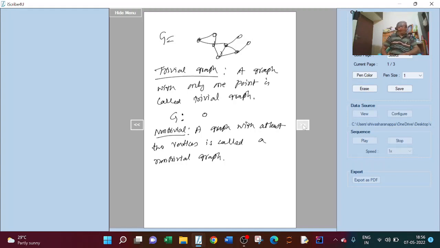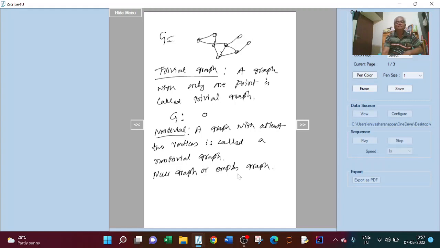And next we define the null graph, or sometimes we call it the empty graph. In a trivial graph we have only one vertex, in a non-trivial graph a minimum of two vertices.